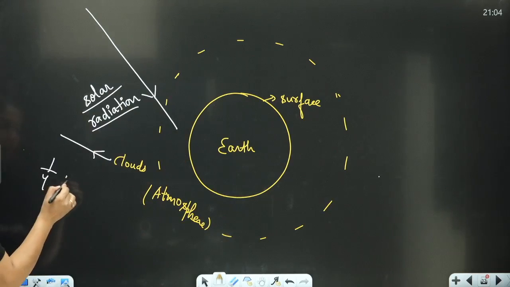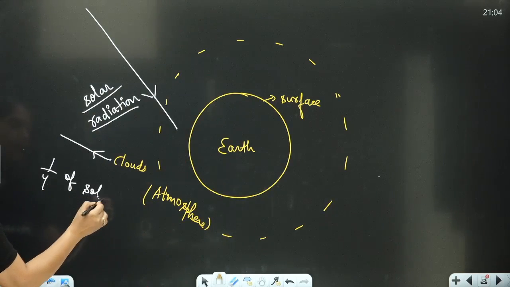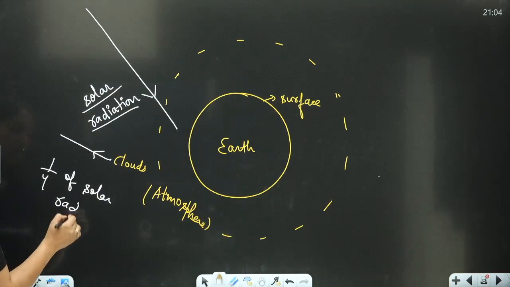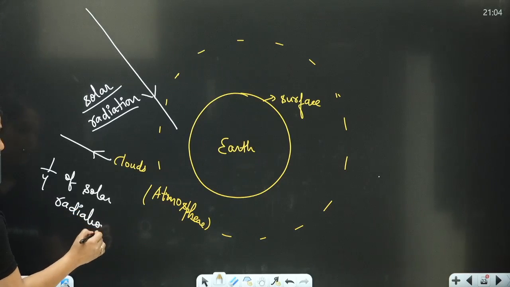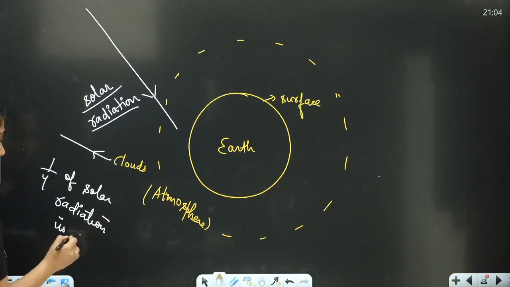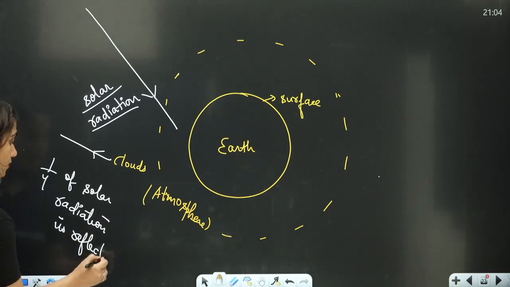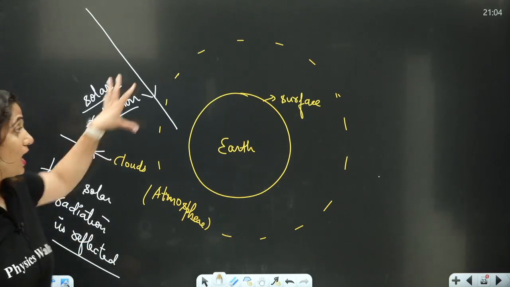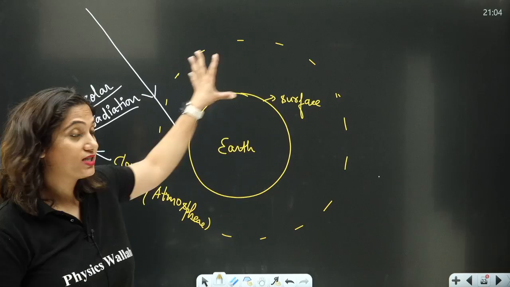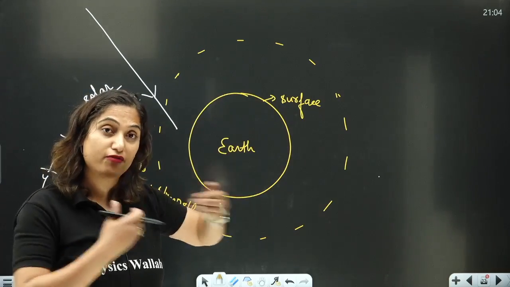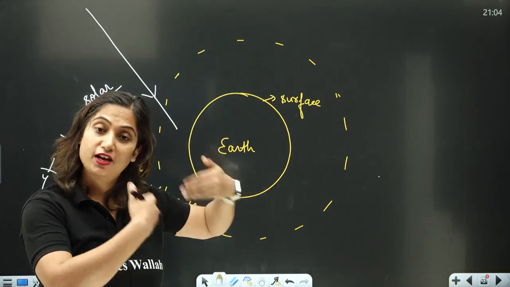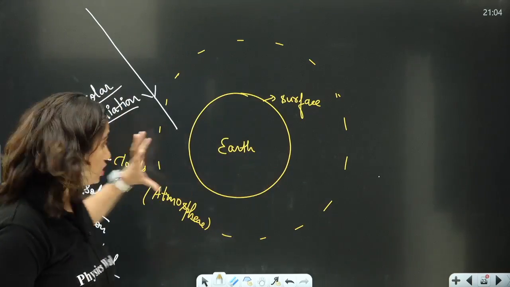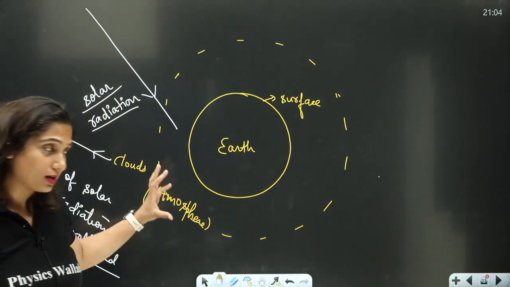So 1/4 of solar radiation is reflected. This is important. The clouds present in the atmosphere of Earth reflect 1/4 of the solar radiation entering into the atmosphere of Earth.